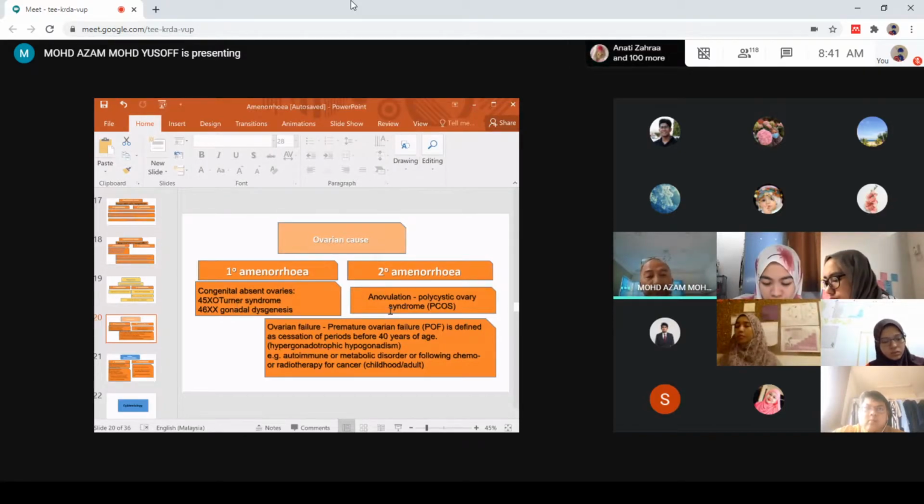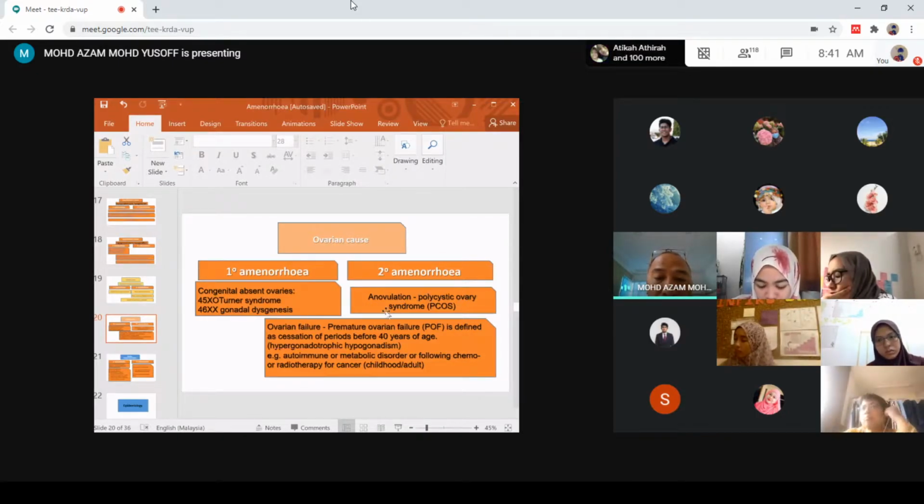We will go to this slowly. All right. For secondary amenorrhea, the ovarian cause is anovulation. The commonest that we see in the clinical setting is PCOS, polycystic ovarian syndrome. PCOS causes secondary amenorrhea, it's not primary. The next one is ovarian failure.